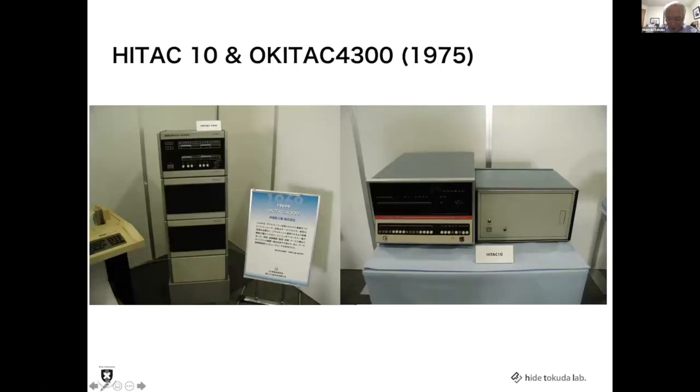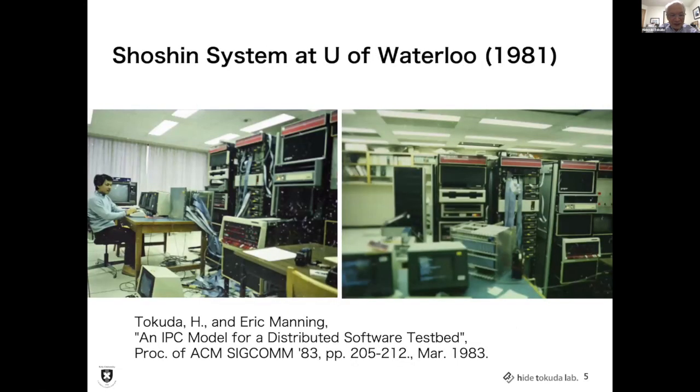This is a picture of very old systems. This is a picture of my system back in the 1980s. I was at the University of Waterloo working on my PhD degree. During my study, I maintained contact with Professor Jun Murai.